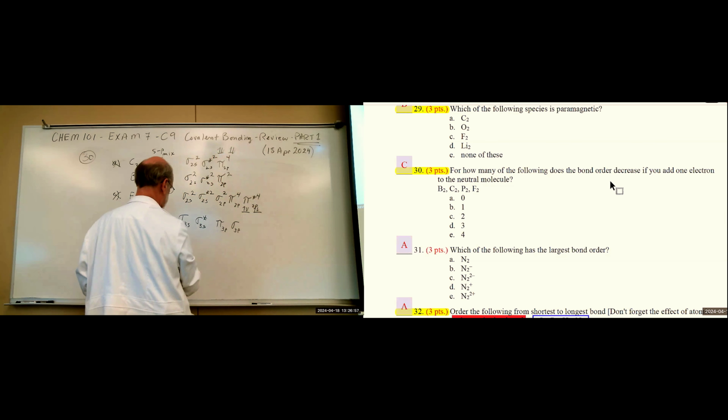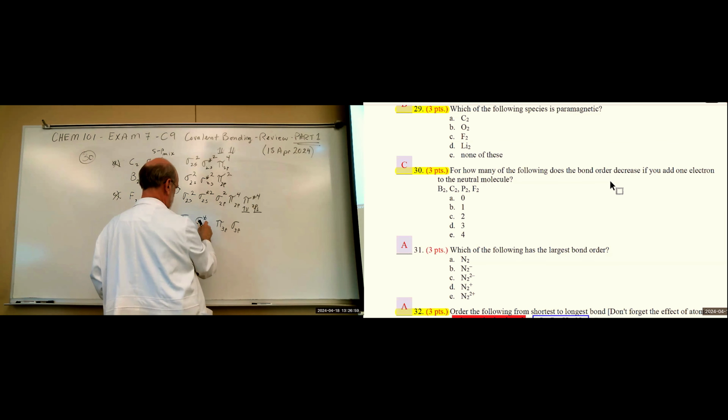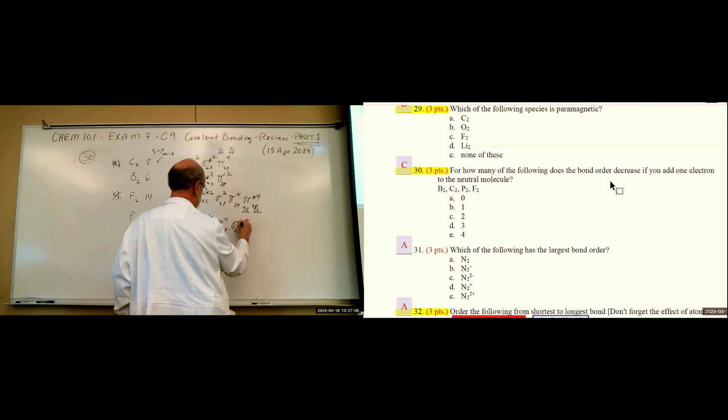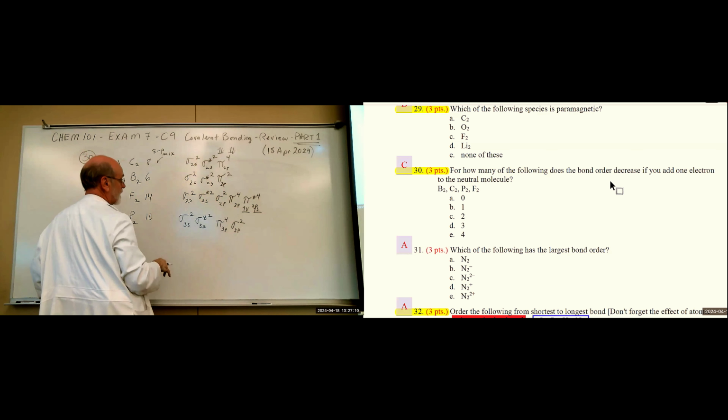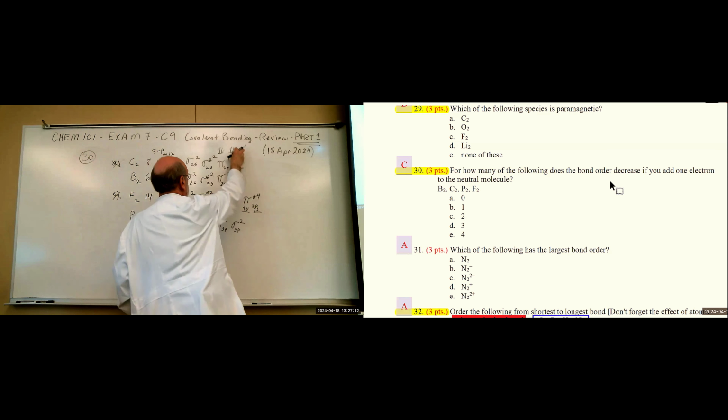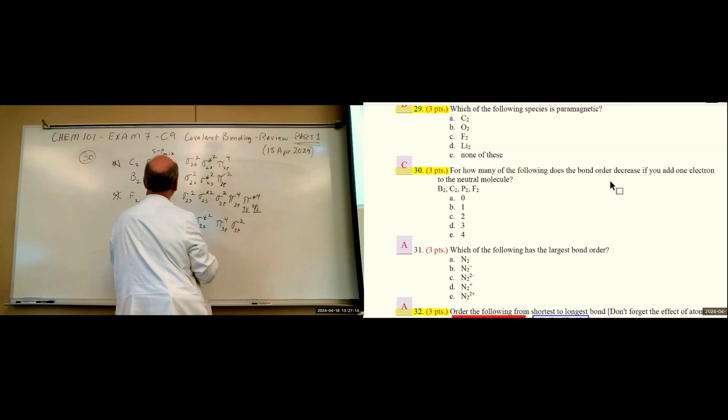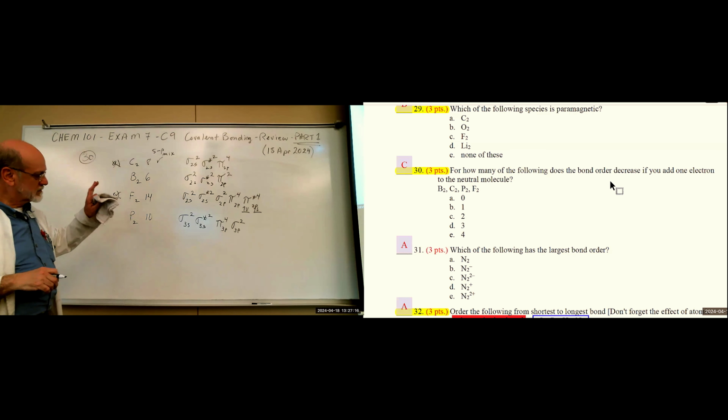Let's see, is that going to give us enough? 2, 4, 4 is 8, 10. Yeah, that'll give us enough. So we'll have 2 here, 2 here, 4 here, 2 there. This one's already done, that one's done, that one's done. Okay, so we've got all of our molecular orbitals set up.